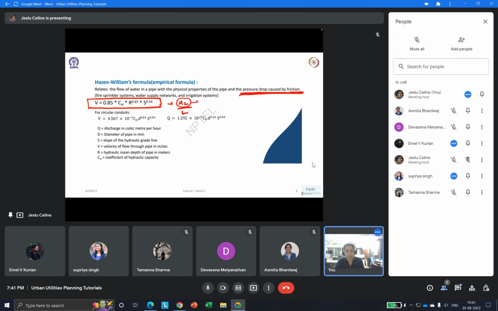Okay. But also there is this constant that we have, the numerical constant which is there. In this numerical constant, this 0.85 is derived for a particular friction value, that is for a friction slope of 1 by 1000.